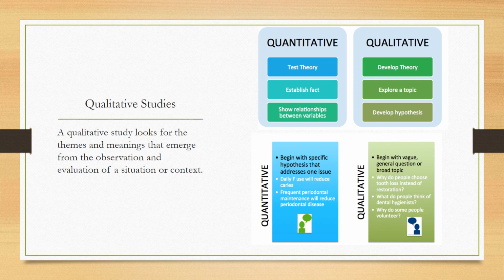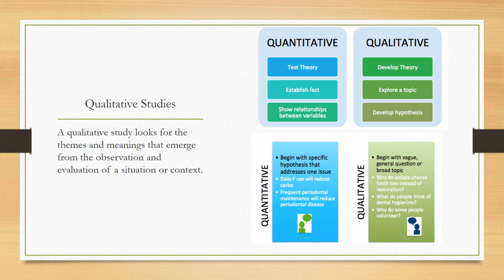Okay, so qualitative studies. A qualitative study looks for the themes and meanings that emerge from the observation and evaluation of a situation or context. Qualitative studies are one of the biggest distinctions in approach.